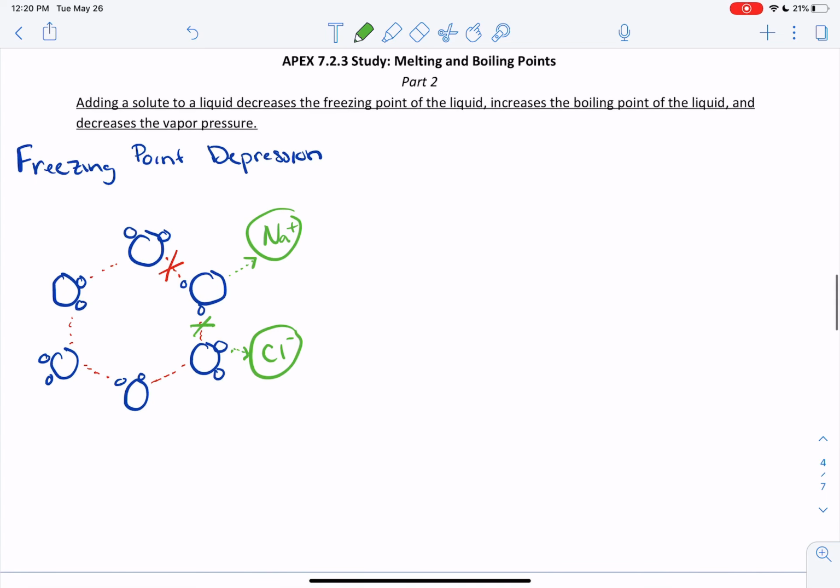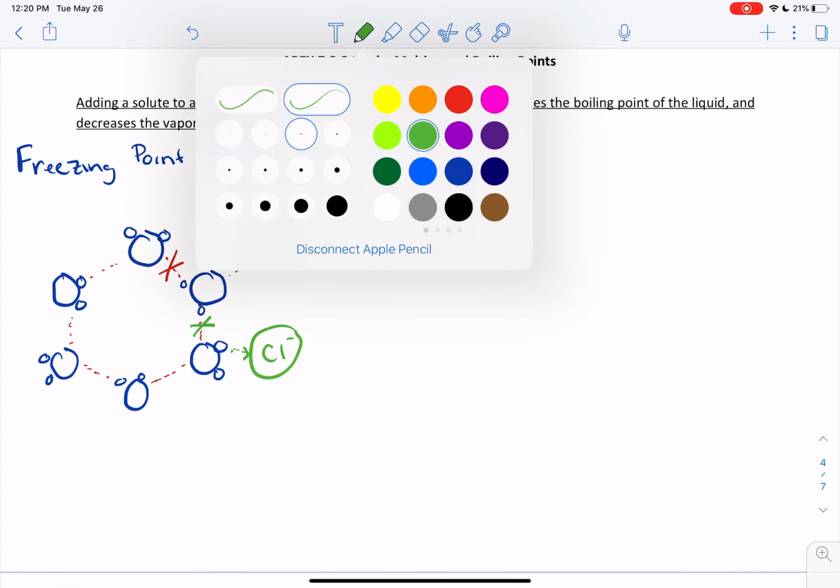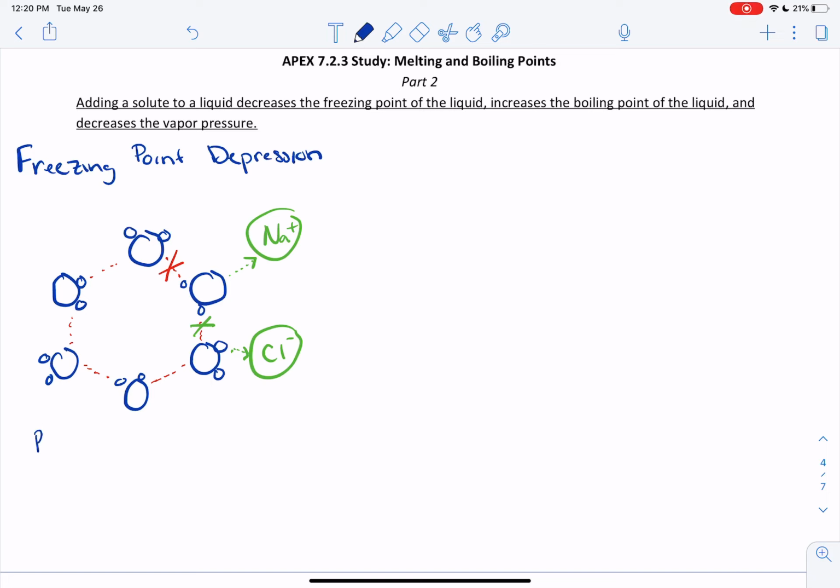It's already doing some of the work, so that means it requires less energy to melt. The sodium and the chlorine, our solute, is doing some of the work for us, so it requires less energy to melt. So it's going to melt or freeze at a lower temperature.